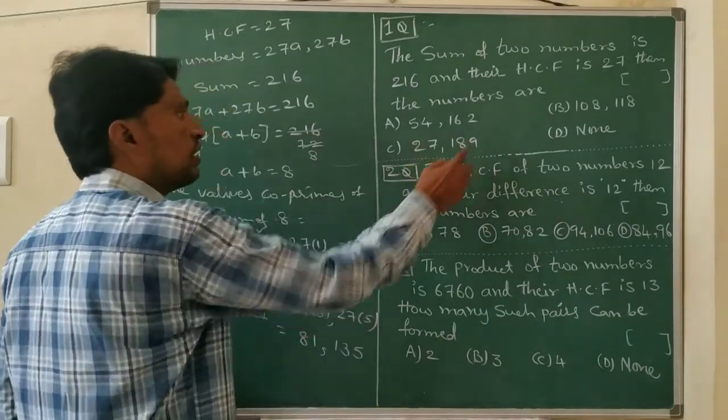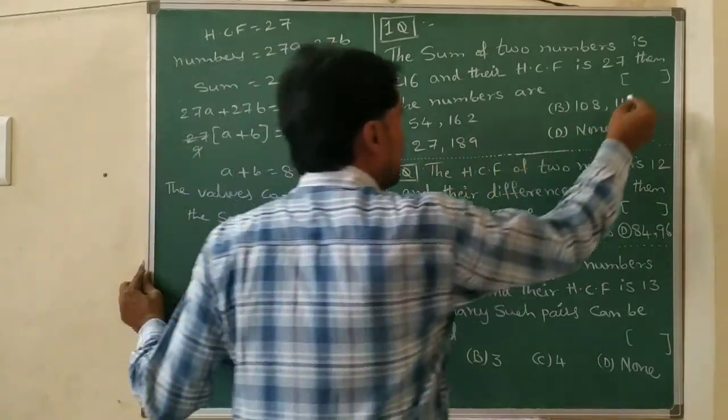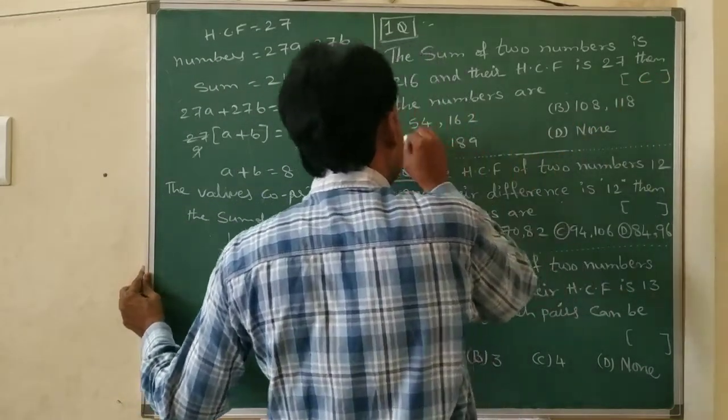We have 27 and 189, means option C is correct.